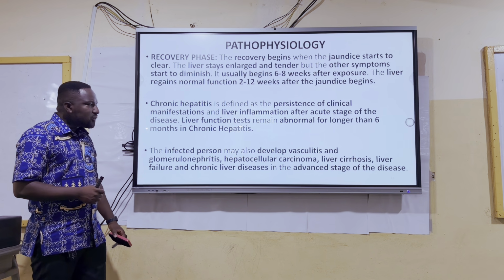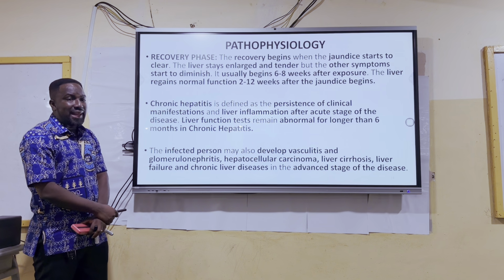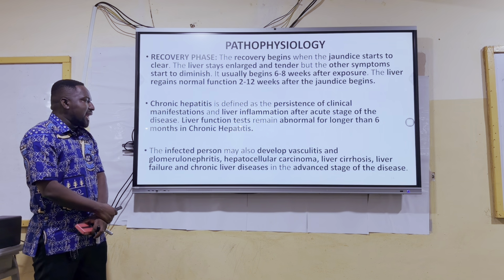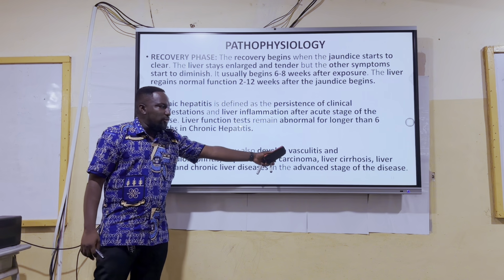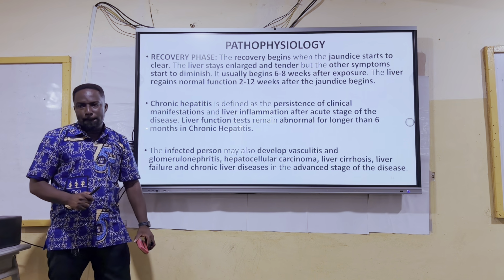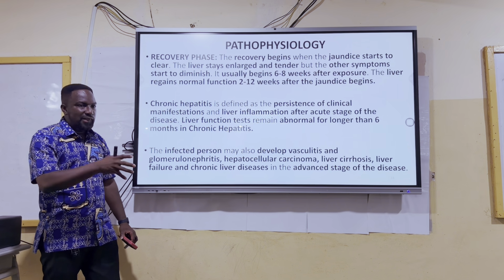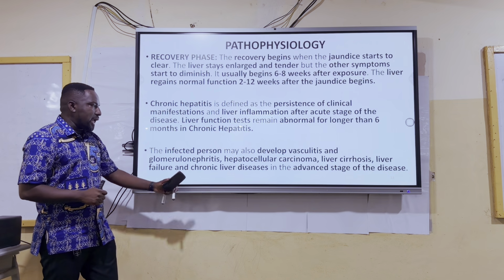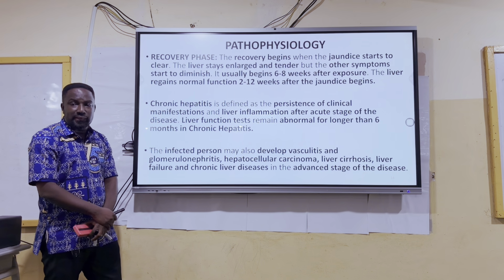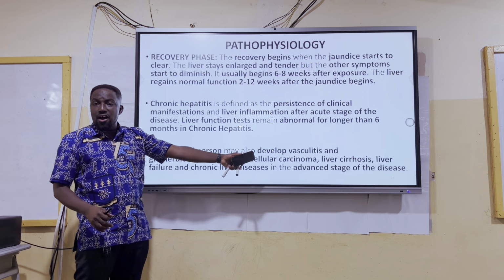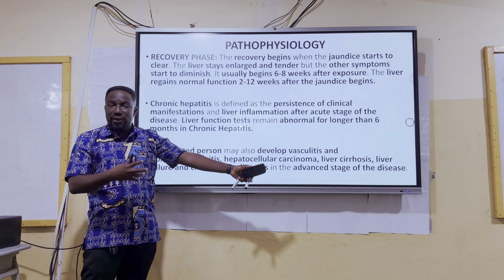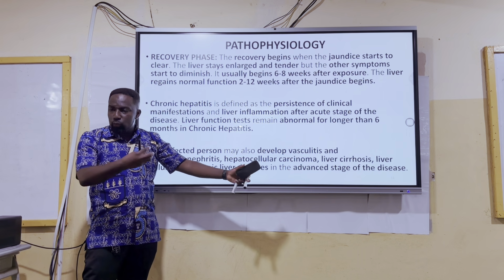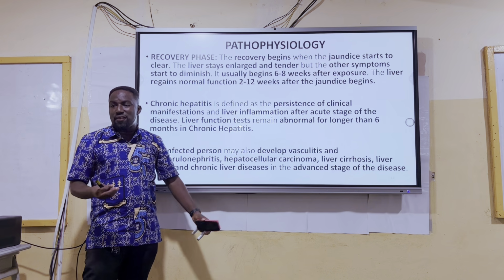Toxins. Now, at the chronic stage of hepatitis, the individual may develop what we call vasculitis. That is inflammation of what? The blood vessels. There can also be glomerulonephritis. Vasculitis may come from the abnormal cryoglobulins, and when they stay in the blood vessel, they can cause an inflammation of what?